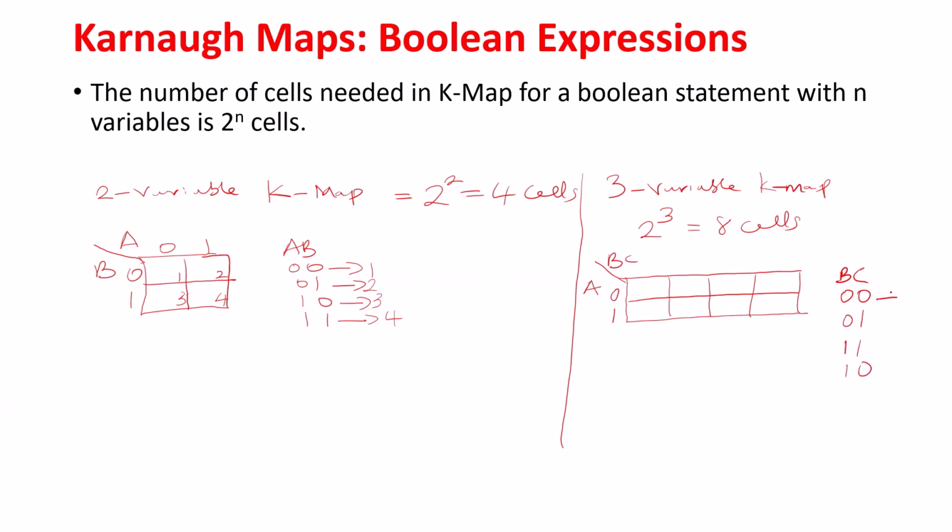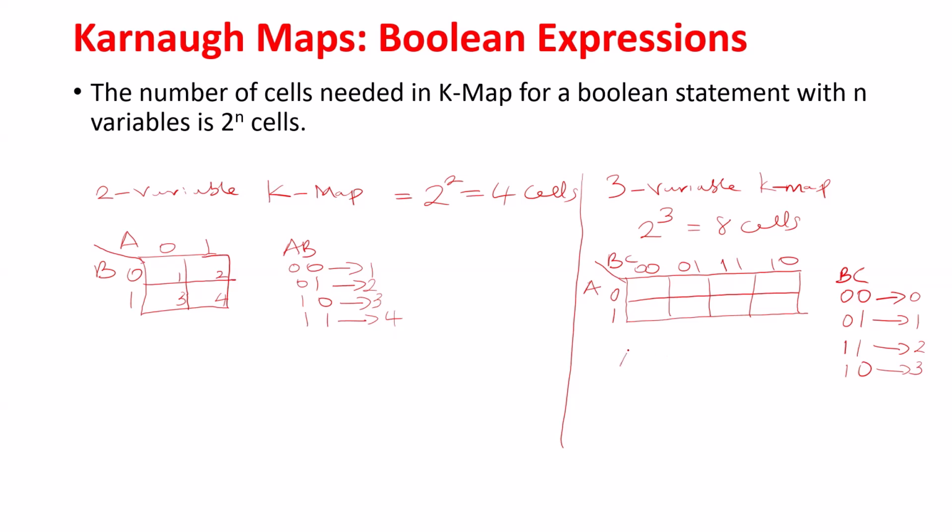So this takes position 0, position 1, position 2, and position 3. Meaning that here we have 0 0, here we have 0 1, we have 1 1, and we have 1 0. Now, since we have a 3-variable K-map, we need to construct a table for A, B, C.